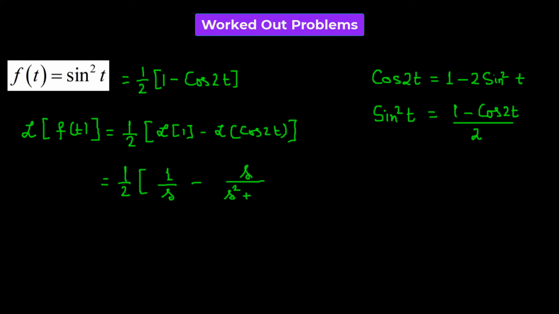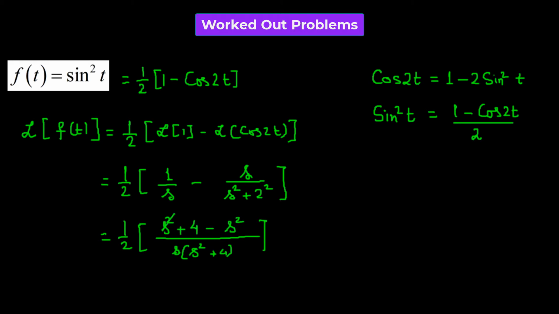So a here is 2, so we have 2 squared. That gives us half multiplied by (1 over s minus s over s squared plus 4). So in the numerator we have s squared plus 4 minus s squared. The s squared and negative s squared get cancelled, leaving us with 4 in the numerator.